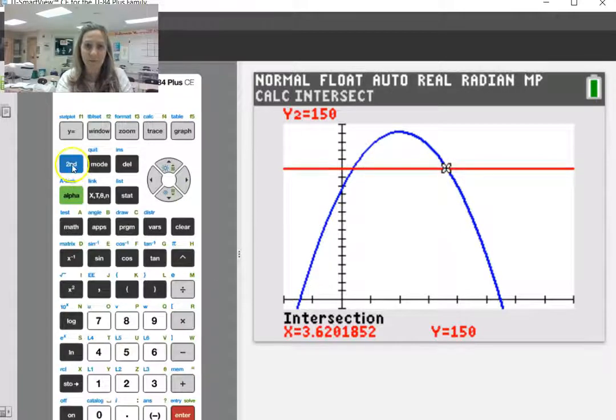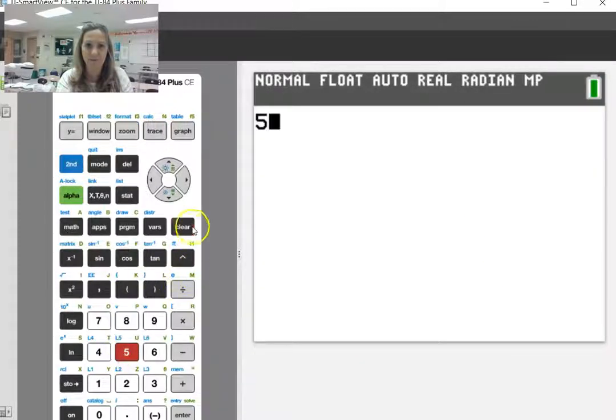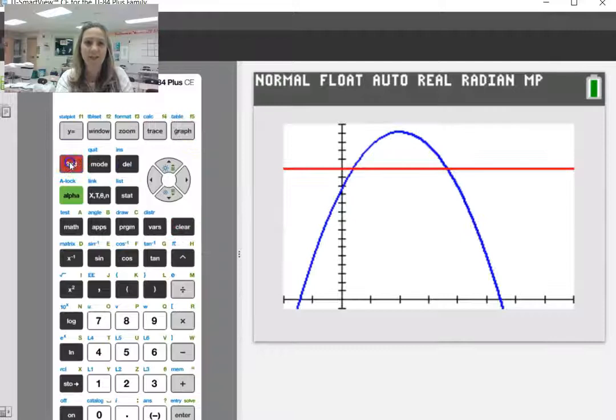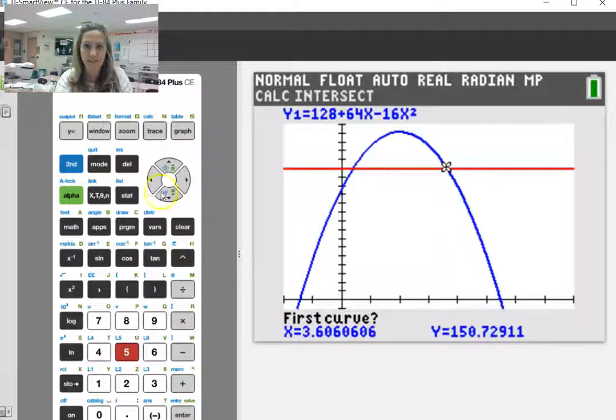And again, I'm going to do second, trace. Number 5 is intersect. Then again, I'm going to scroll to a point of intersection. Always use the left and right arrows. Don't use the up and down arrows when you're moving along a graph. Okay.